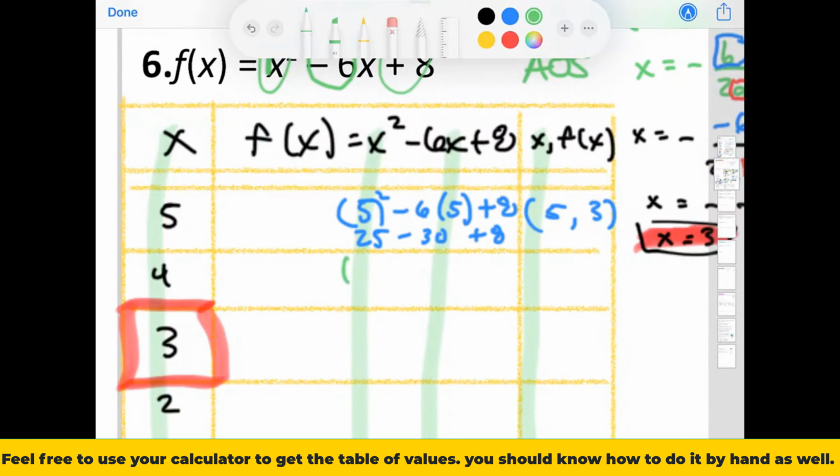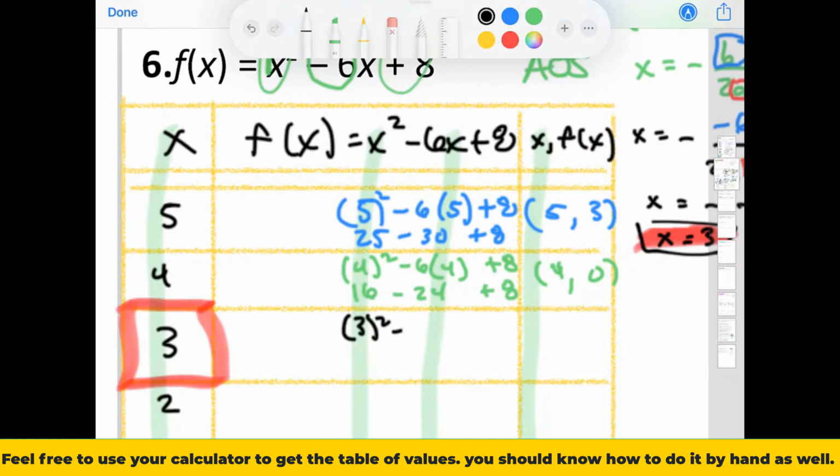Here we're going to put in 4 for our x value. 4 squared is 16 minus 24 plus 8. 16 minus 24 is -8. -8 plus 8 is 0 is my answer. And 4 was the input.